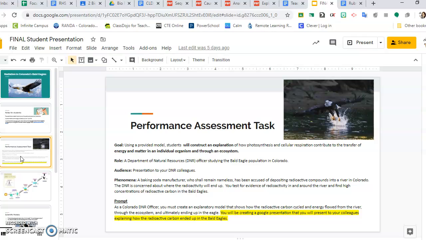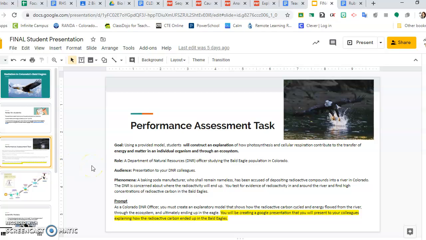You are going to pretend that you are a Department of Natural Resources officer studying the bald eagle population in Colorado. You are making a presentation for other Department of Natural Resources officers, so basically like you're making a presentation so that you can teach other people about what's going on with these eagles.